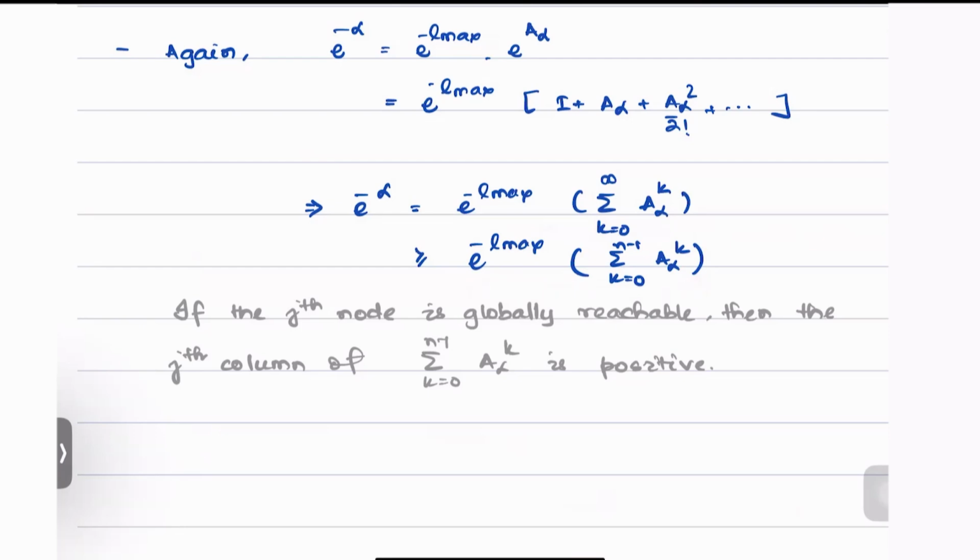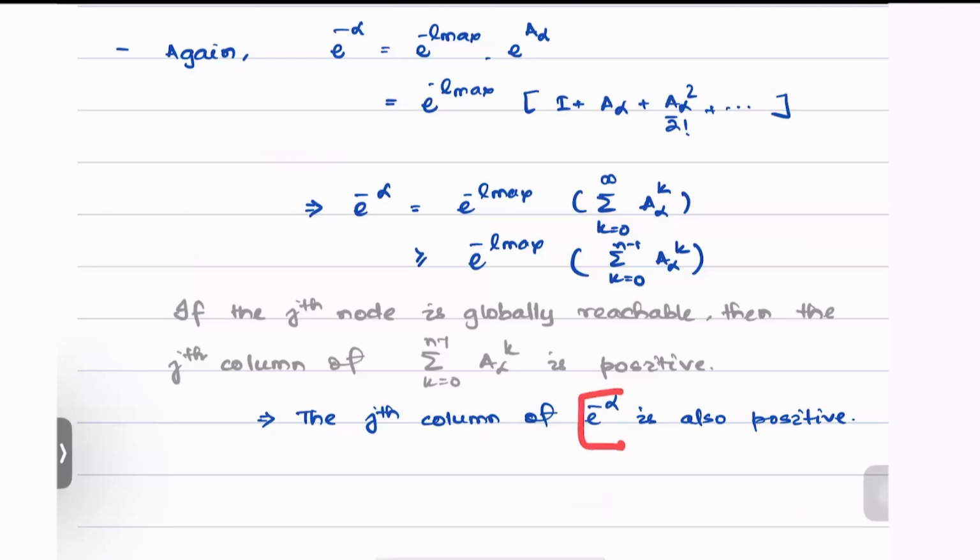Meaning, this would directly imply that the jth column of e raised to the power minus L is also positive. What did we show? We showed that if j is globally reachable, then the jth column of e raised to the power minus L has all entries which are positive.